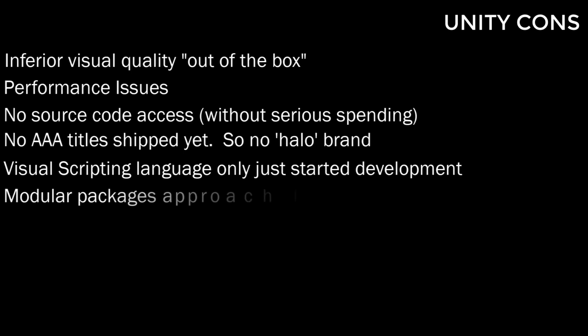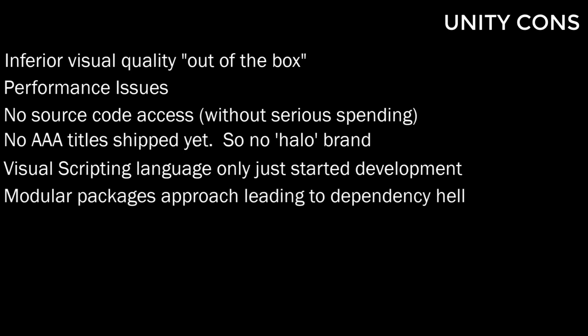Now, we go back to the one I said before as a pro, modular redesign, where things are broken down into different packages. This is also a con, and in my opinion, actually, this is the biggest con. Whenever I go to work with Unity these days, since about 2019.1 or the end of 2018, there's package hell.